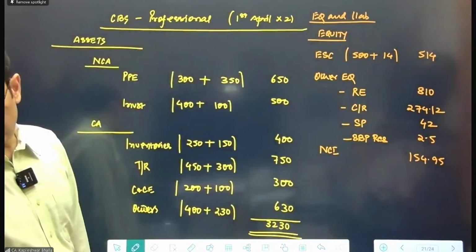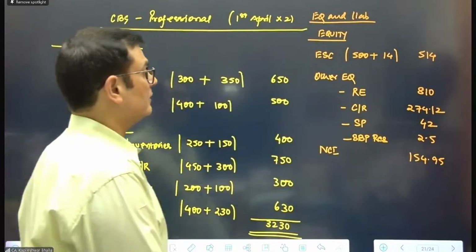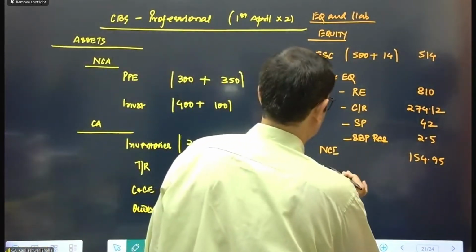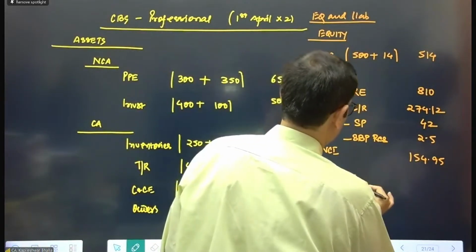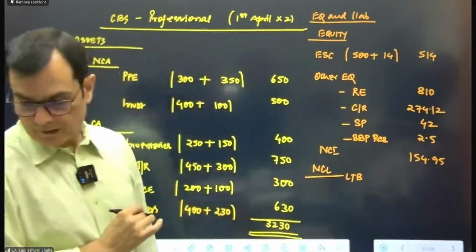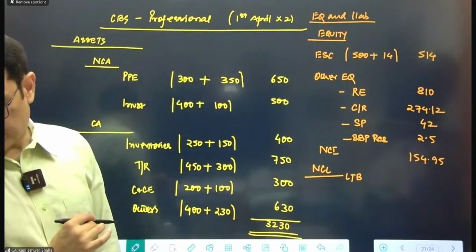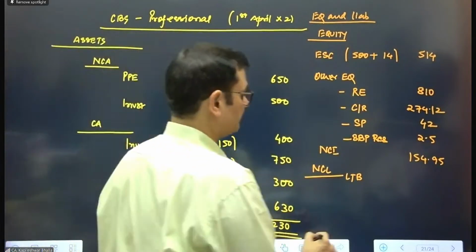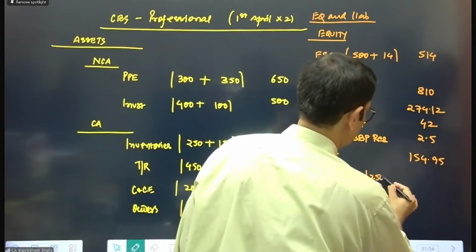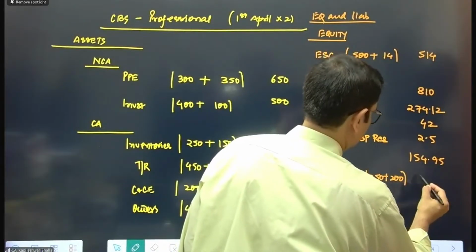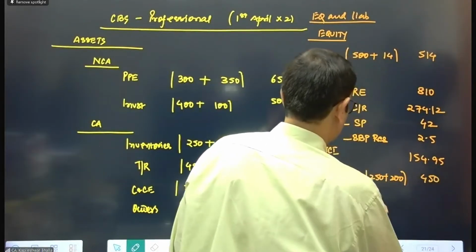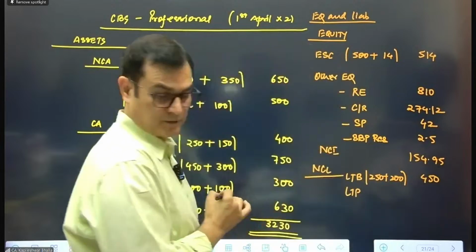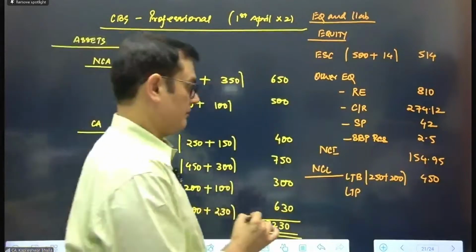Now let's consider the liability section. So non-current liabilities. Long-term borrowings, I think, is 250 plus 200. That makes 450. Then long-term provisions, 50 plus 70. That's right.